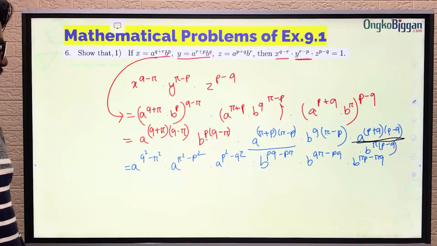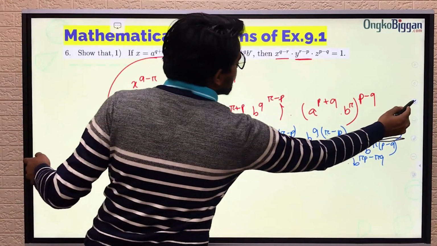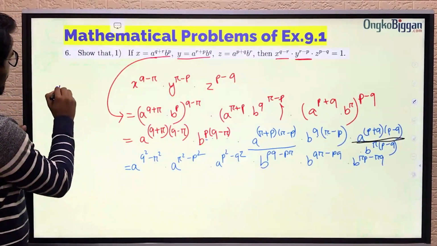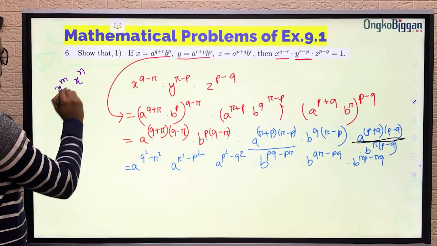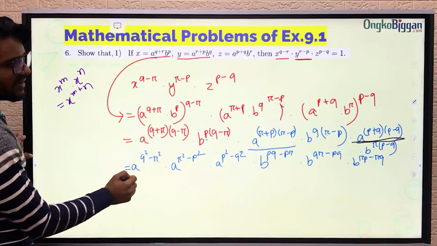So now we are going to use the multiplication of power method. With a different color pen, I'm going to show that x to the power m into x to the power n is equal to x to the power m plus n. So we are going to use the same method here.